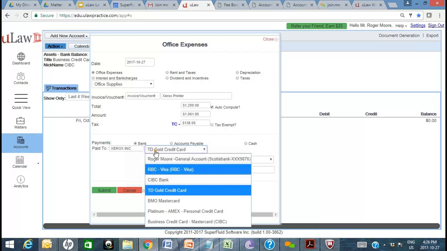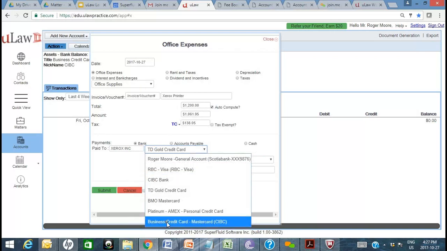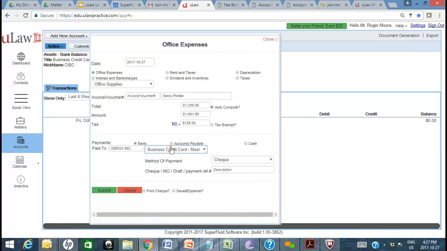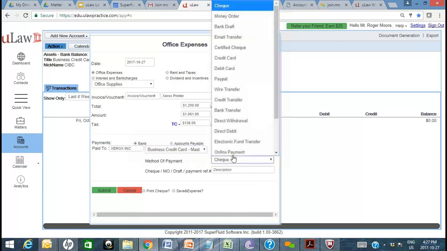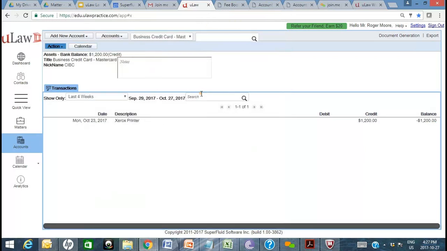So if it's not a bank account listed in your banks, then you're going to use your business credit card. You're going to tell this bookkeeping software that that's what you did, and the method being credit card, and CIBC would obviously give you a transaction number so that you can always refer it back. And you're just going to hit submit. Choose the date. So if you paid it earlier this week, then choose that. It captures the HST paid as well.